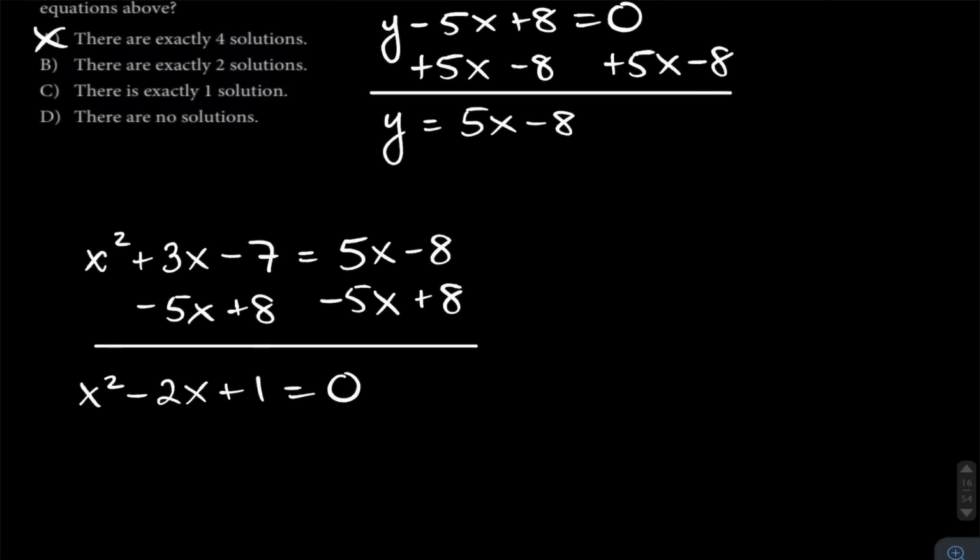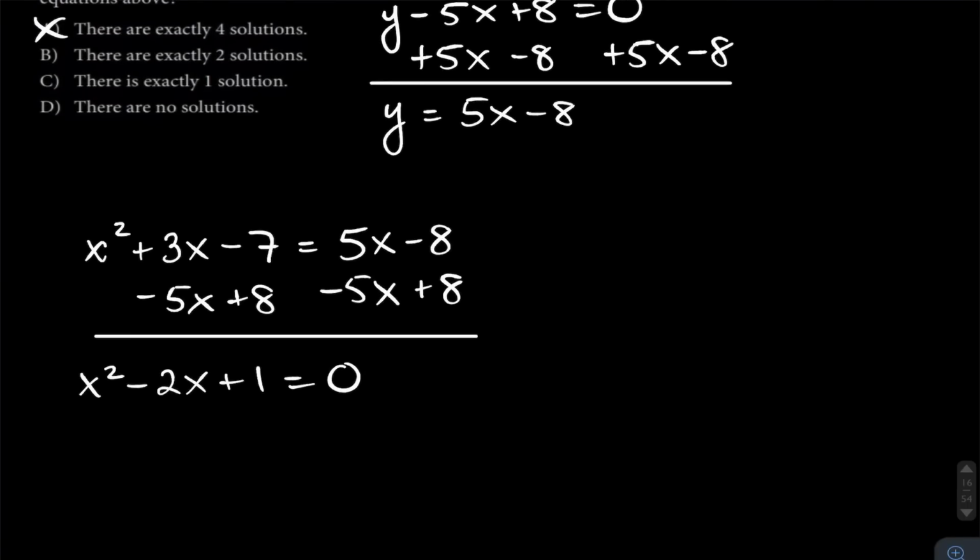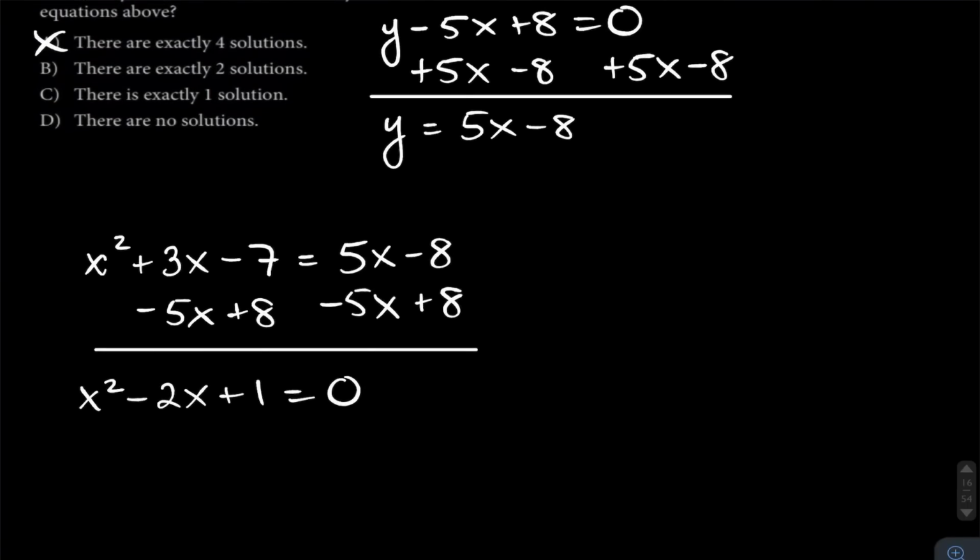Now, from here, there's a couple things that you can do, okay? You're looking for a number of solutions here. If you see an obvious way to factor it right off the bat, then go for it. But quite often, you're not going to be able to do that.